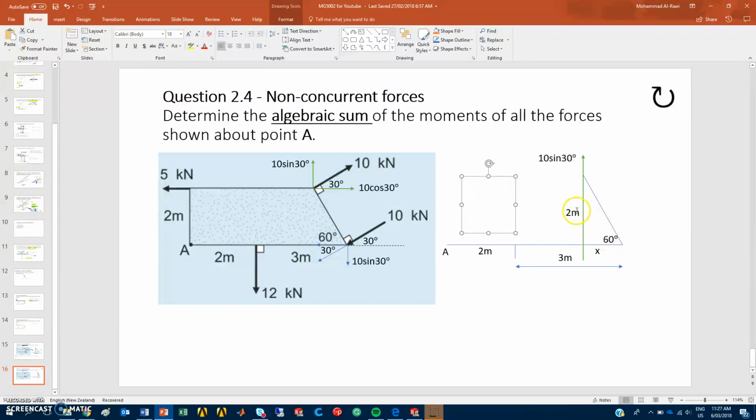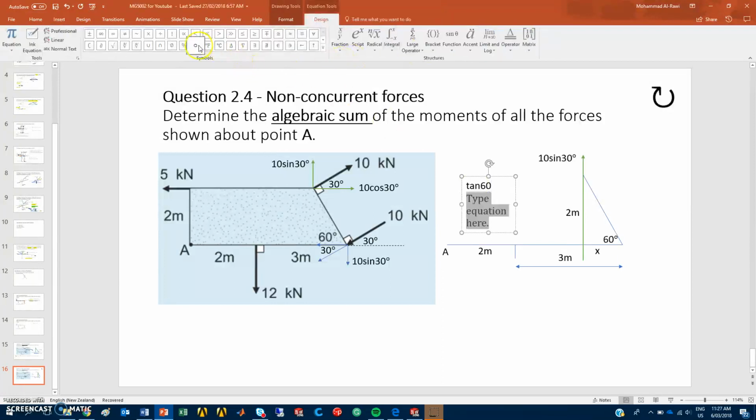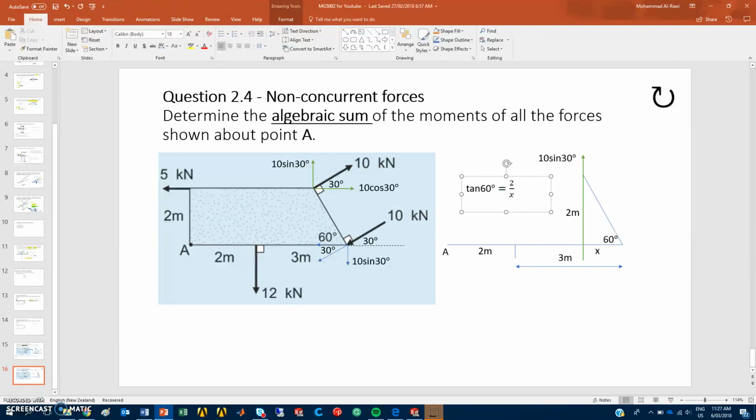Tan 60, the opposite divided by X. So we write tan 60 degrees, using degrees, equals 2 divided by X. Rearranging this equation, definitely you will determine the value for X. X equals 1.15 meters.